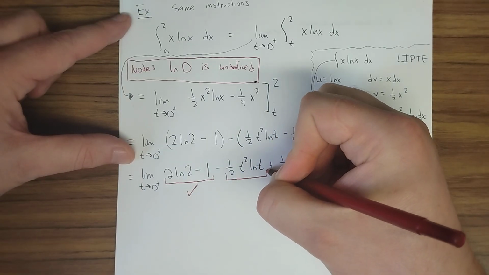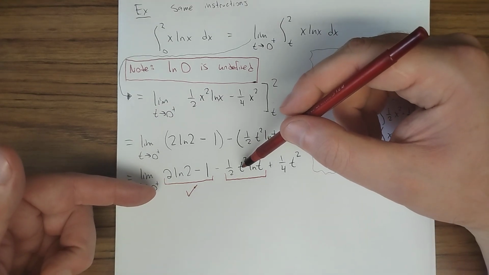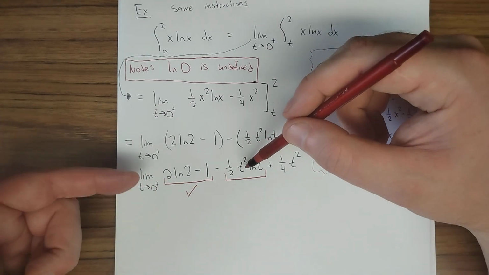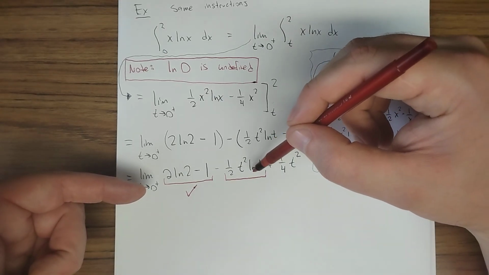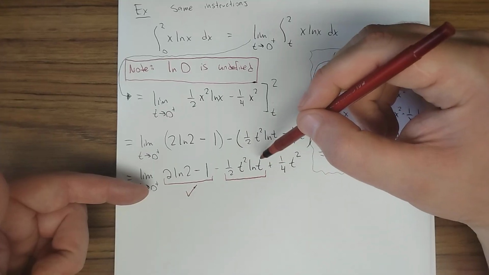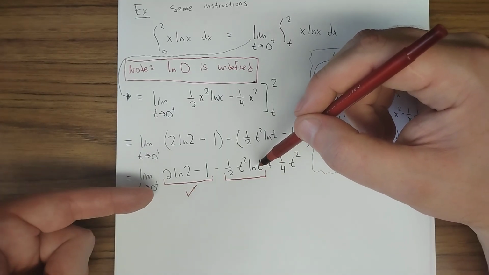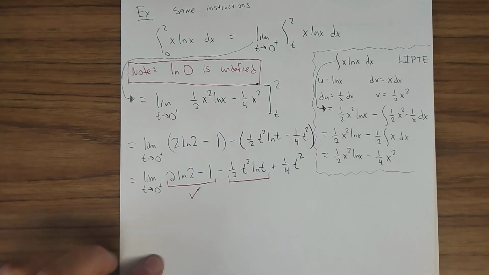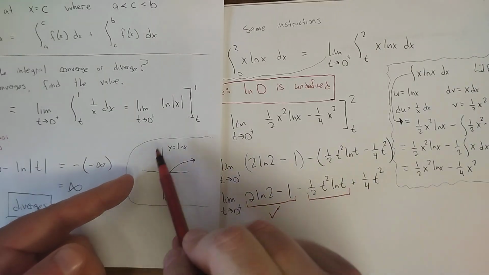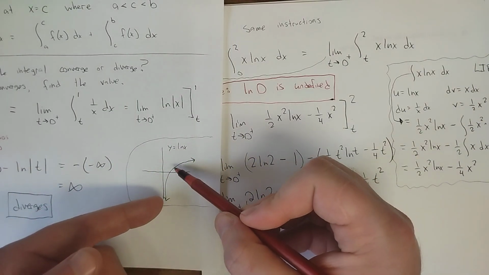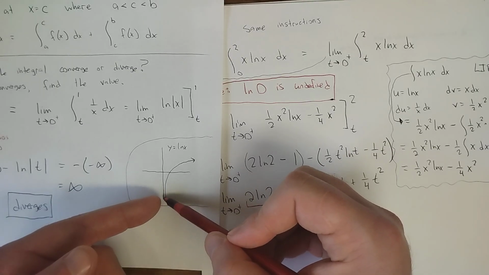This, well, let's think. t's going to 0, but I have to be careful. It's very tempting to say 0 times anything is 0, but actually, if I think about what this is, ln of 0 is undefined. As t goes to 0 from the right, actually, I can pull up the picture that we just drew last time. This is just the graph of y equals ln x. If you remember, as t goes to 0 from the right, this is like a vertical asymptote.